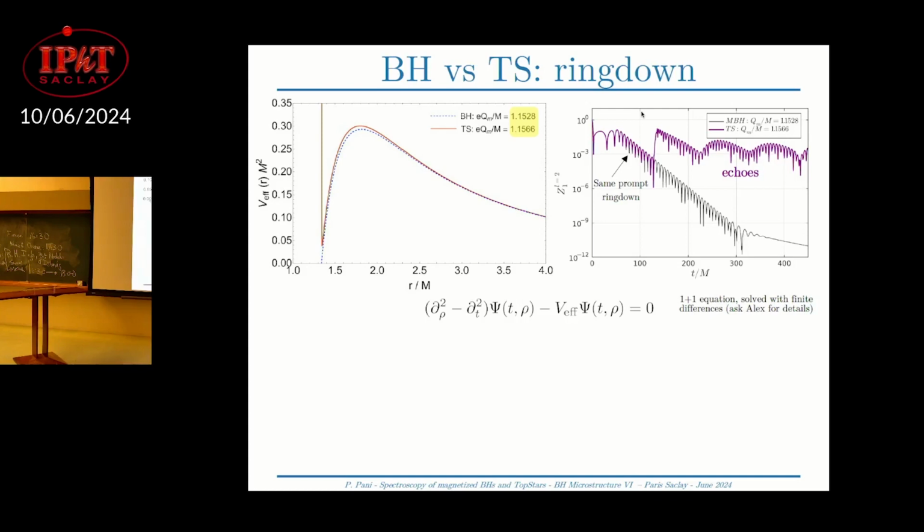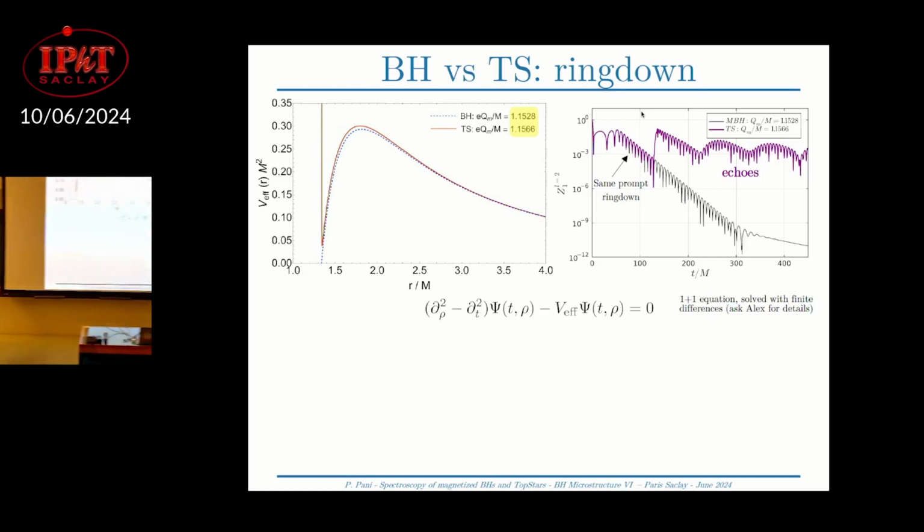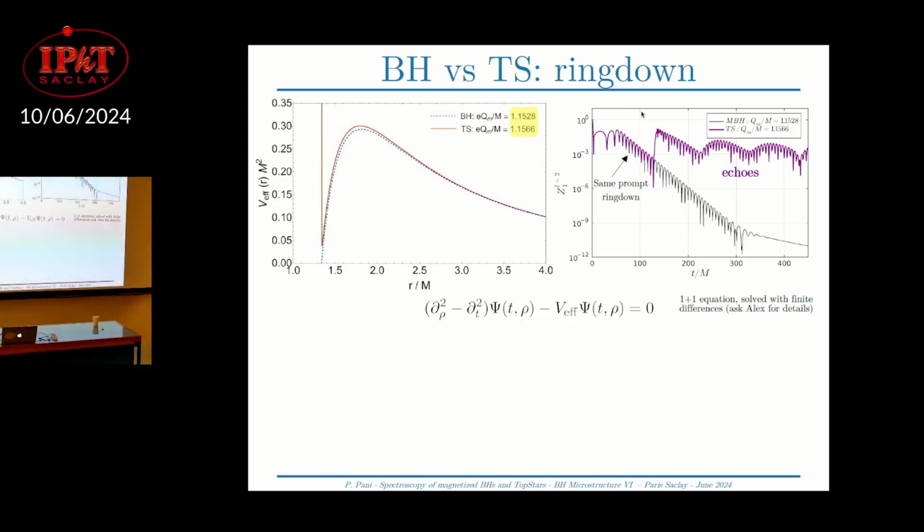Actually, it can be arbitrarily similar. In this example, it changes just by a few percent, and you can see that the effective potential is very similar in the two cases. It's not exactly the same near the unstable photon ring because of this small difference in the parameters, but the crucial point, the take-home message, is that asymptotically it is the same, because asymptotically these solutions have the same charges.